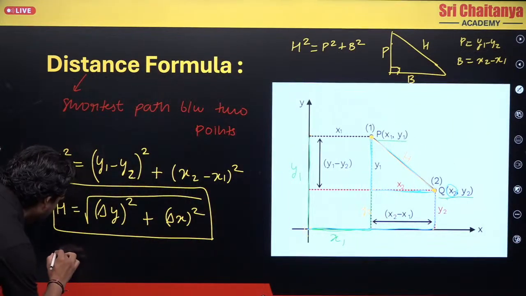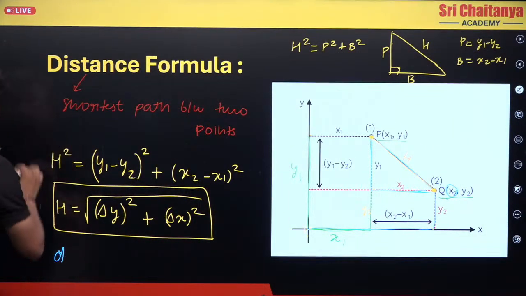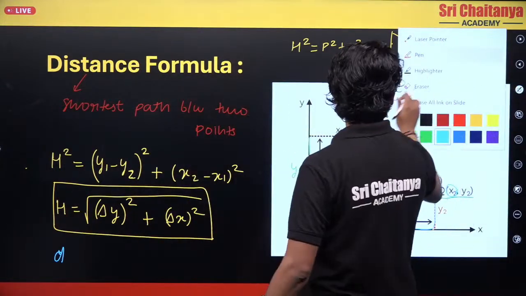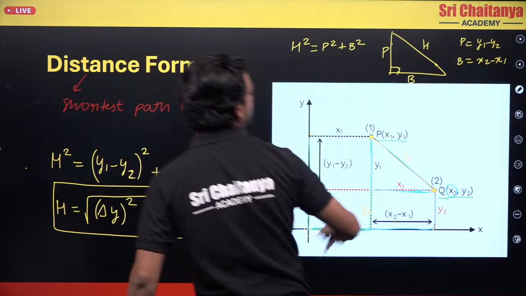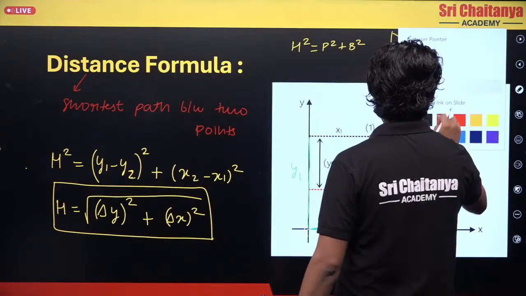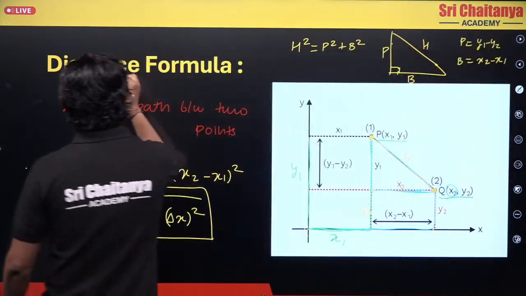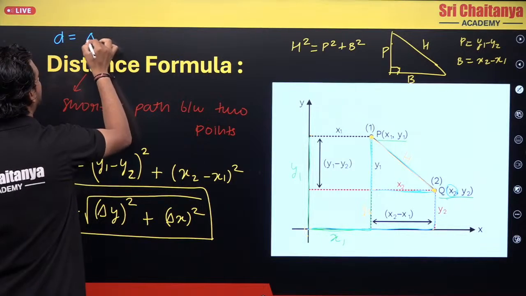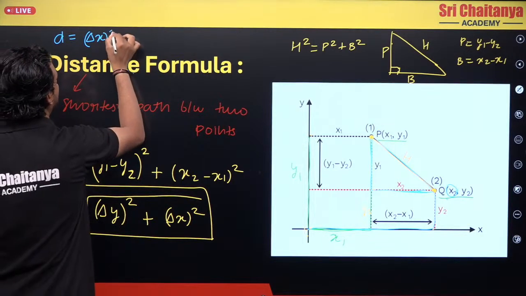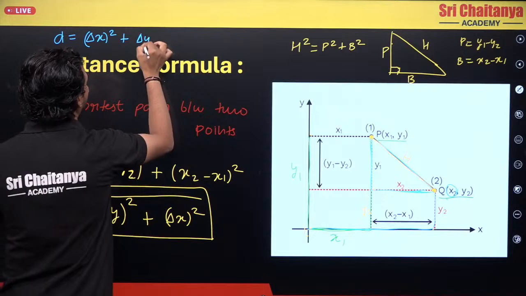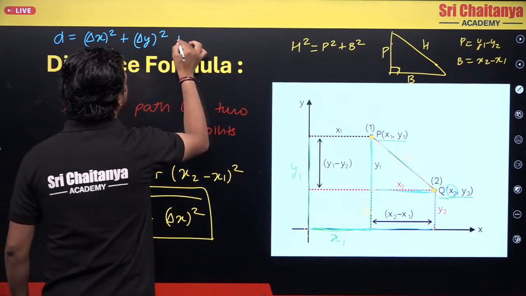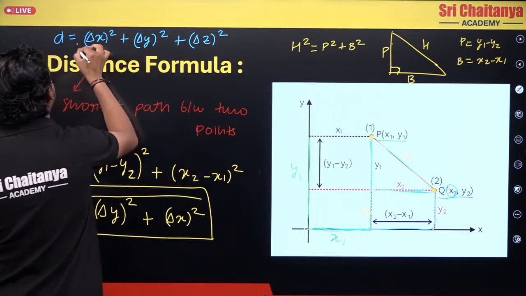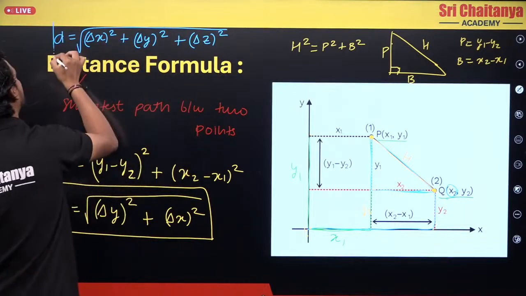In case of 3D, the distance d is equal to delta x square plus delta y square plus delta z square, under root. So this is in case of 3D.